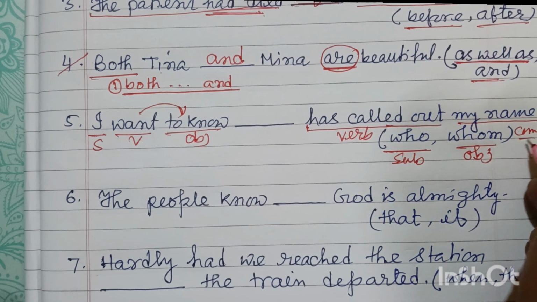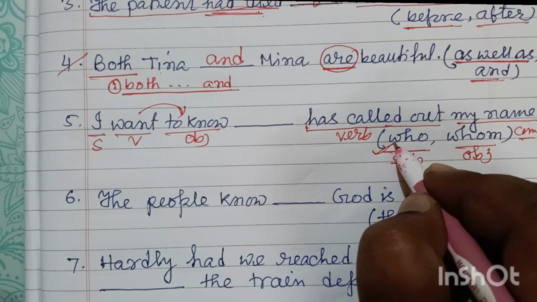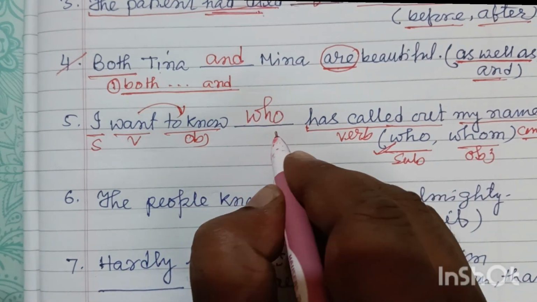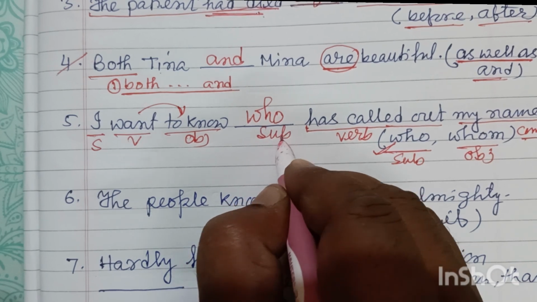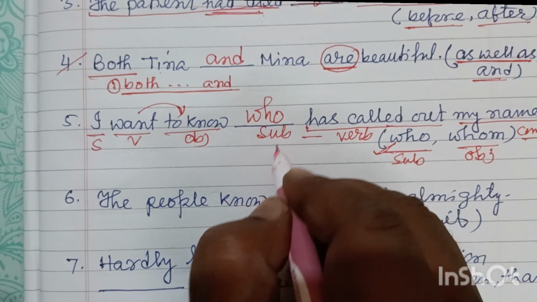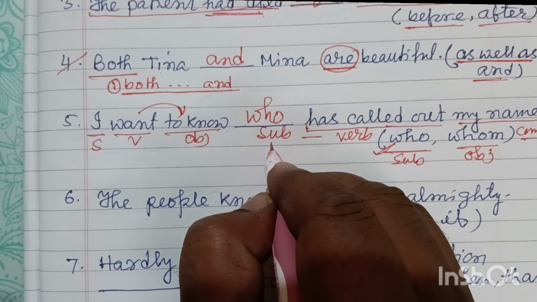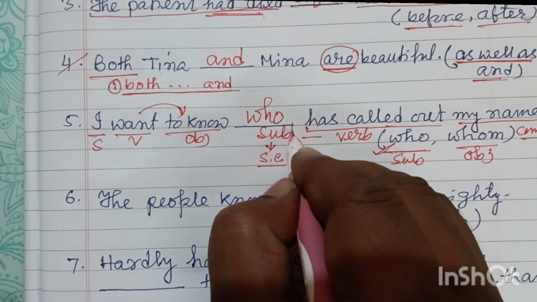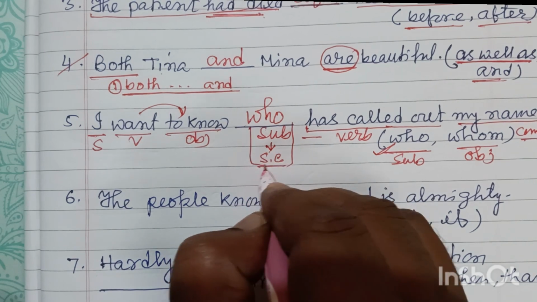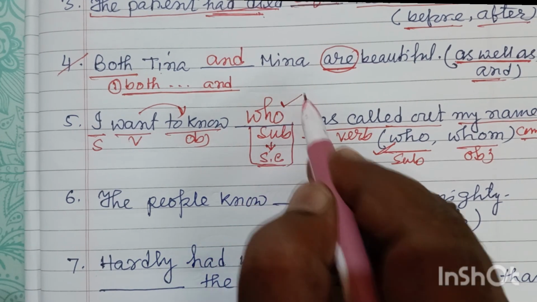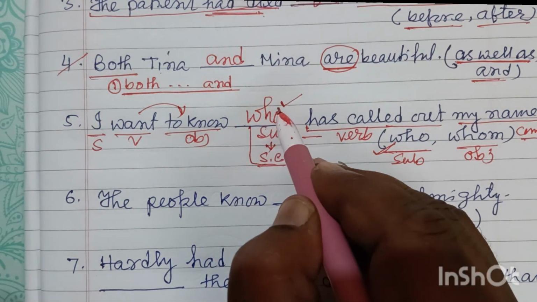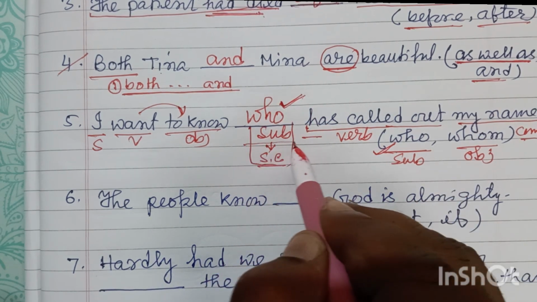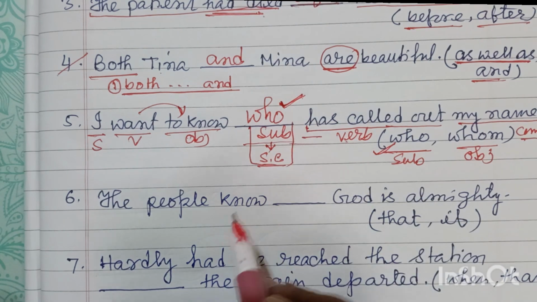So the subject is missing, so we have to take one subject. Here we have to write "who," which is the subject of this subordinate clause, and it is also doing the work of a subordinating conjunction. So actually two roles are there. On one side it is a subordinating conjunction, and it is also the subject of this subordinate clause. So we have to write "who" here.